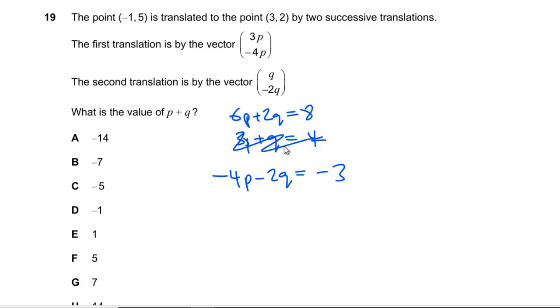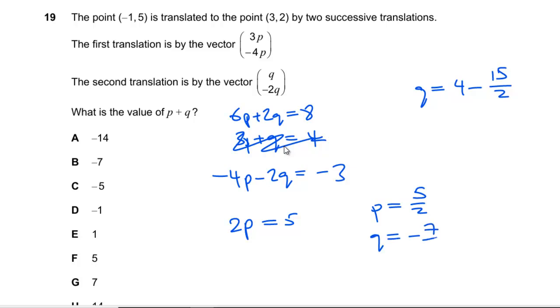Add these two together. 2P is 5. So P is 5 over 2, which means that Q is 4 minus 15 over 2, which is minus 7 over 2. Add them together, you get minus 2 over 2, which is minus 1, which is D.